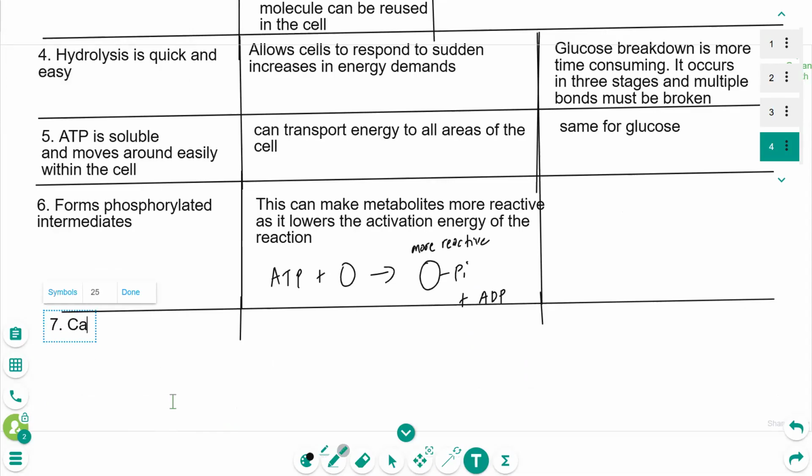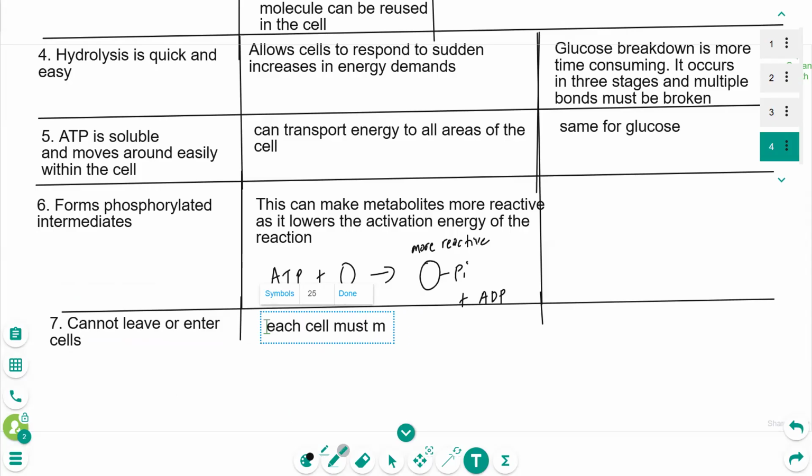Finally, ATP cannot leave the cell. Because it cannot leave or enter cells, it means that each cell must maintain its own constant supply of ATP.